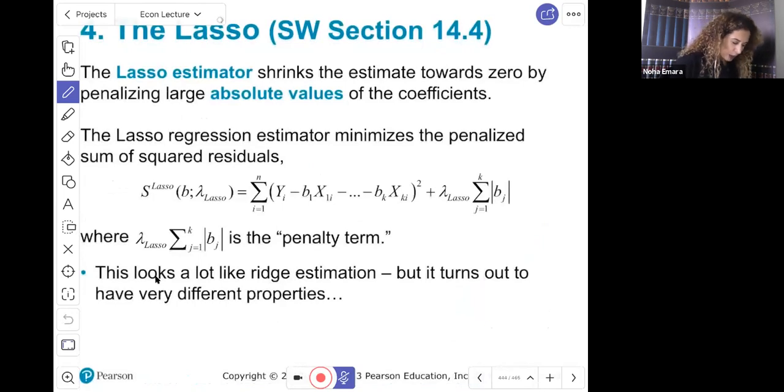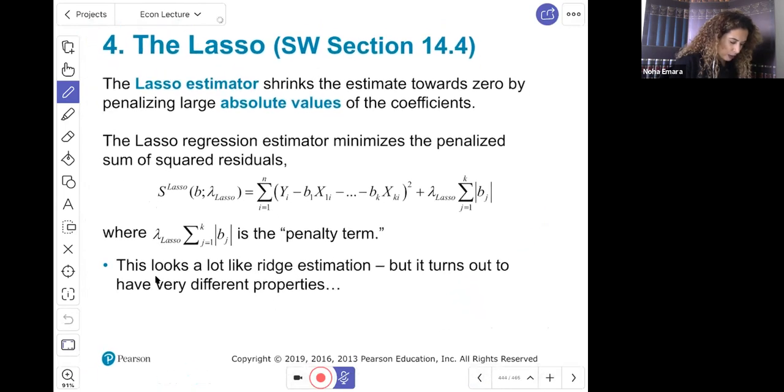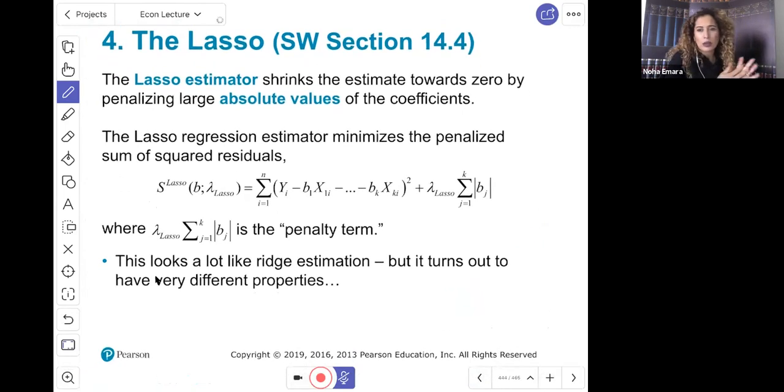The other option we have is called the lasso estimator. What is the lasso estimator? It's just doing the same thing that we mentioned with the ridge regression, which is, again, trying to find the lambda, or the penalty parameter, that minimizes the root mean squared predicted errors.